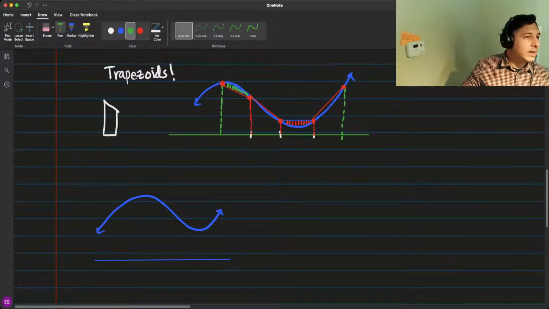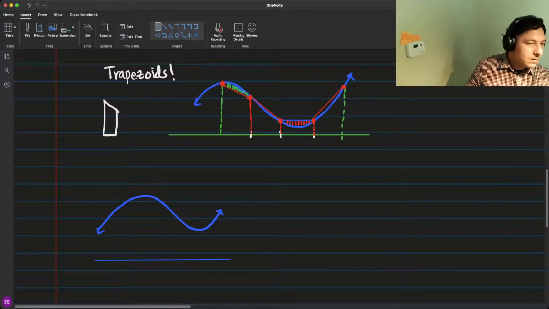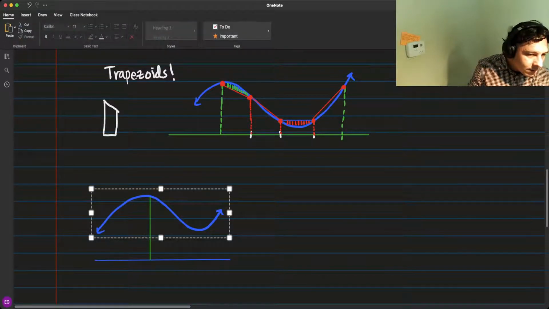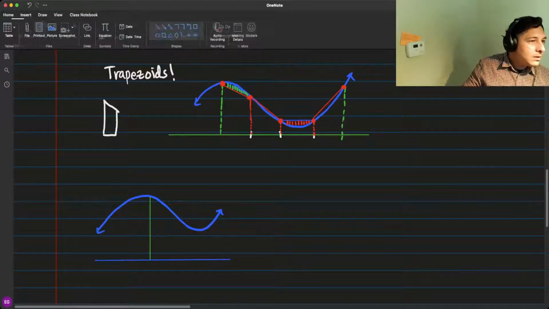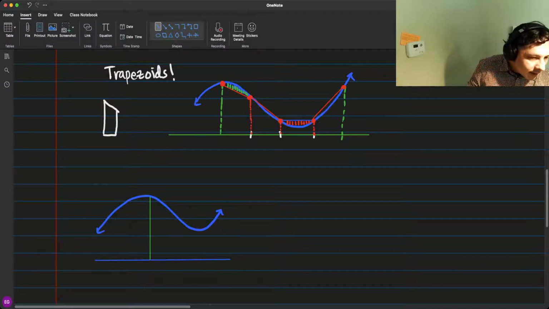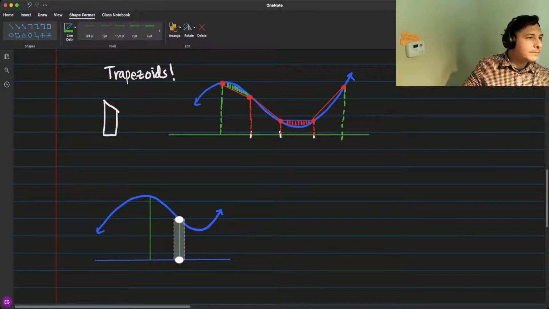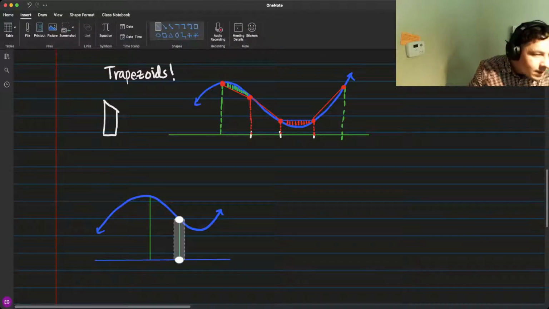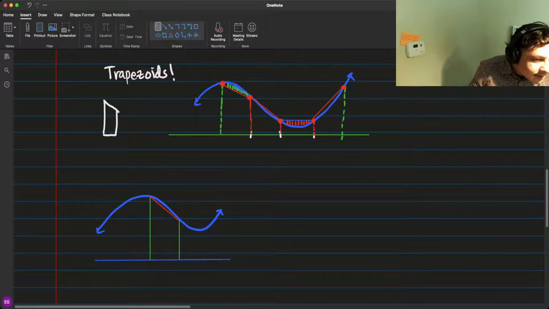And let's draw one trapezoid going from right here to right here. And the top of the trapezoid will go from this point to that point right there.